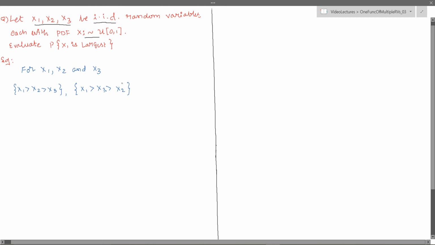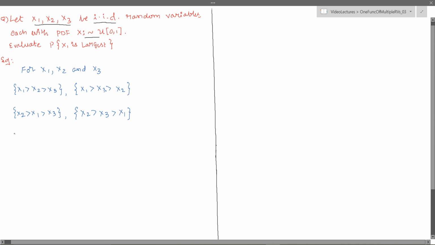One more possibility would be x2 greater than x1 greater than x3, and x2 greater than x3 greater than x1.